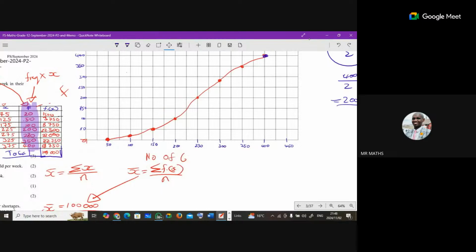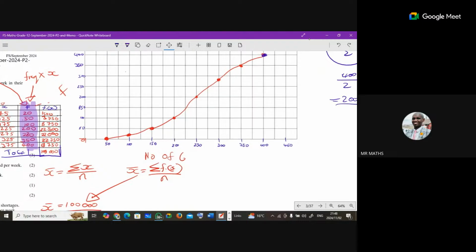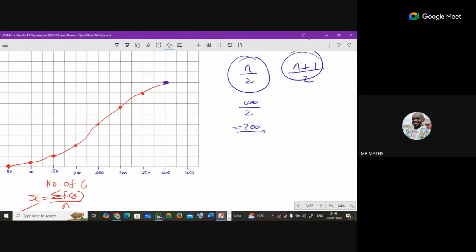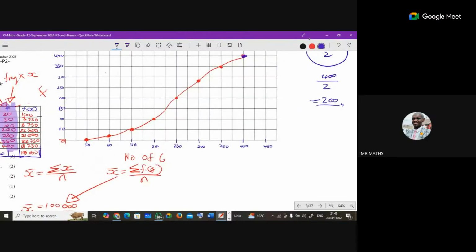So we go to this side and look at where 200 meets in terms of the values, because we want the litres down here. We used the frequency position, so we go to position 200 and make a dotted line. When it arrives there, you turn again. Then you can see you have your Q2, which is your median.